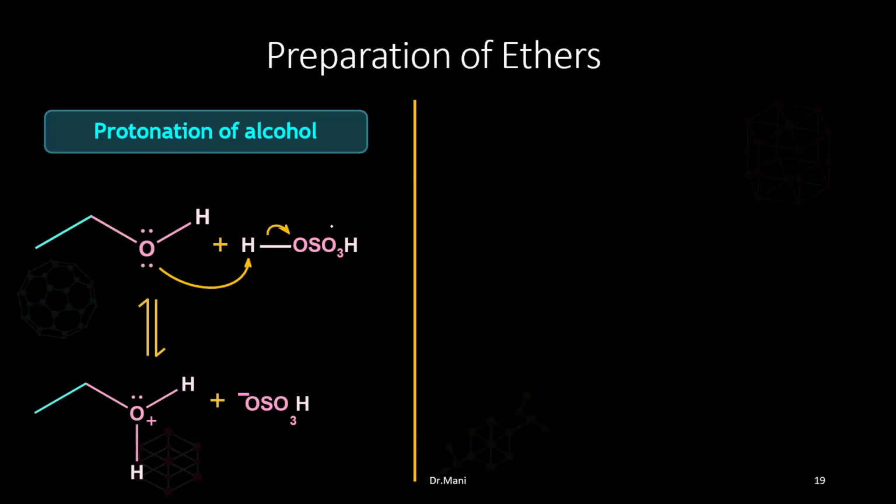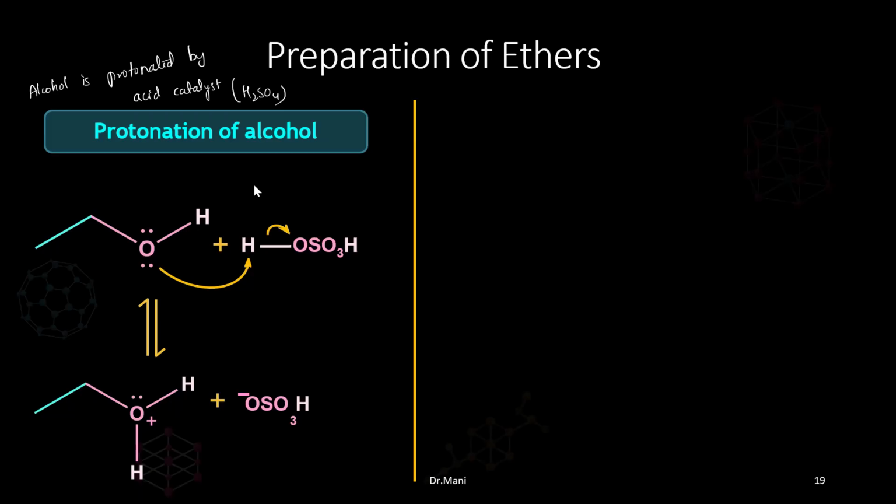Just remember, alcohol is protonated by the acid catalyst, and the acid we are using here is sulfuric acid, H2SO4.